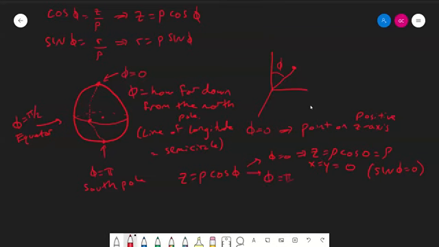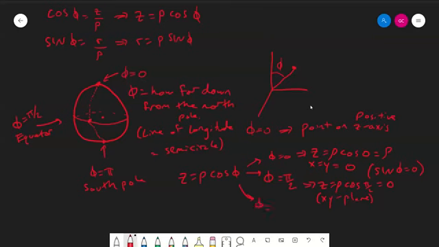If phi is pi over 2, well, that means that z, which is rho times cosine of phi, is going to be 0. So you have a 0 z-coordinate, which means you're really in the xy plane. Or if you're on a particular sphere, you're on the equator of that sphere, the intersection of that sphere with the xy plane.